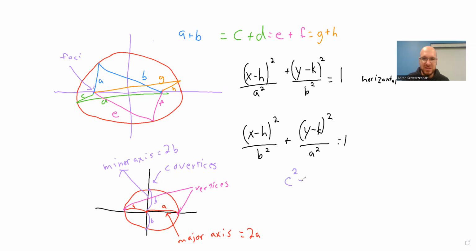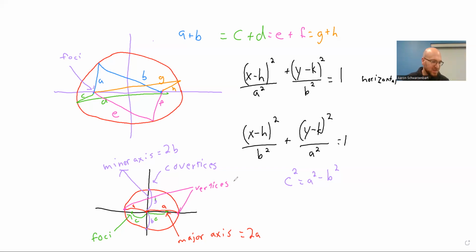This is always true. C squared is always equal to A squared minus B squared. That's why A has to be the longer one. Let's put the foci on here in a different color. The foci here are green. The distance from the center to the foci is C. Okay.